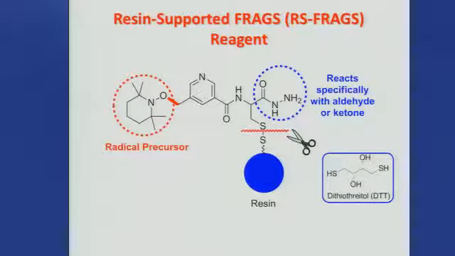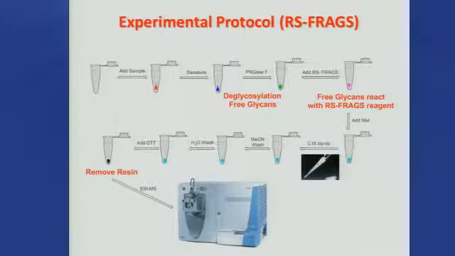And then when you're done with the cleanup, you can use DTT to cut off the resin and do the mass spec analysis there. So that just shows the experimental protocol that I've just described for dealing with a sample with a proteoglycan that you might have removed from a gel.